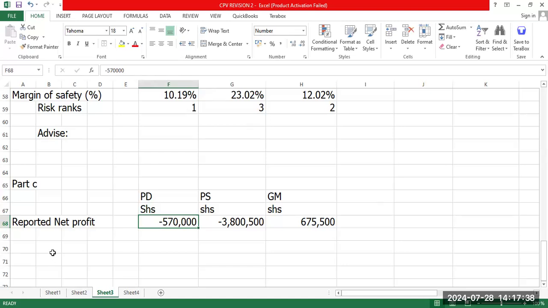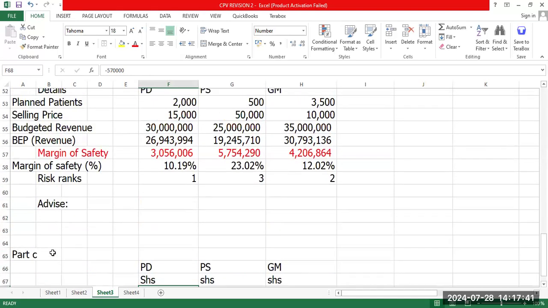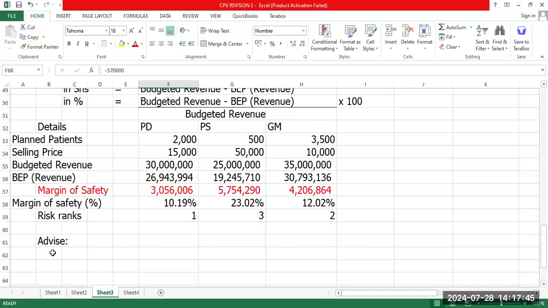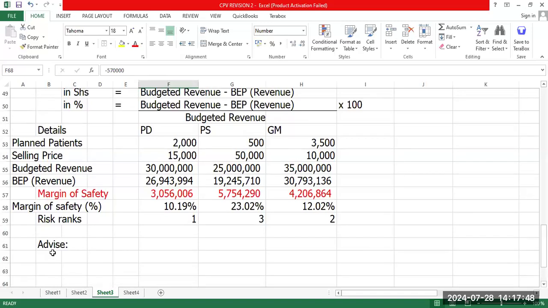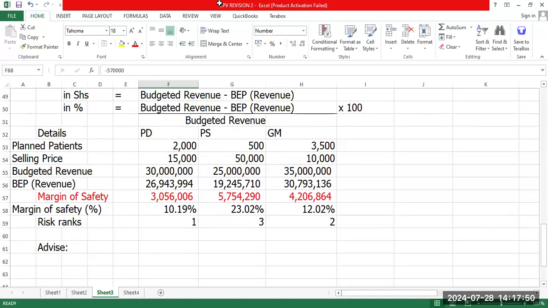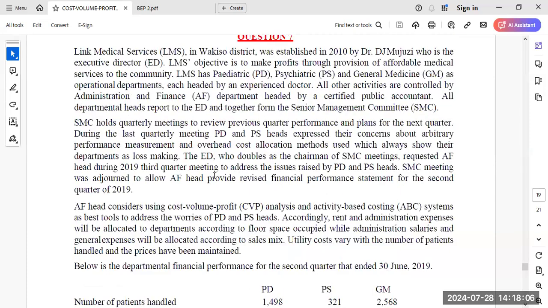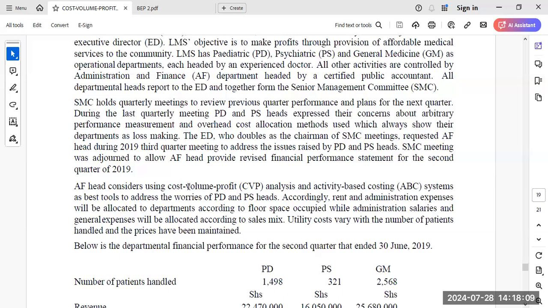What you're going to do, colleagues, because what you want to analyze is just this one. You're analyzing this statement here, this one.